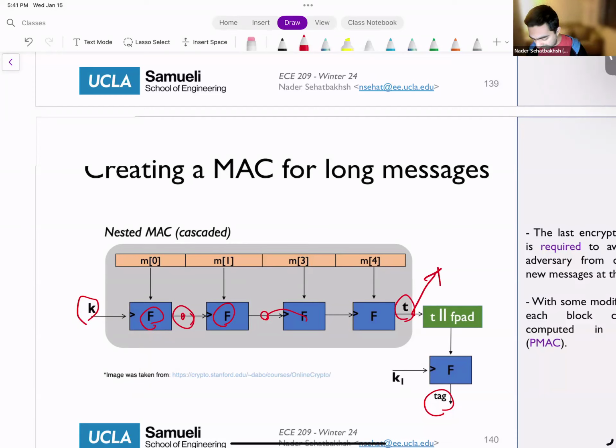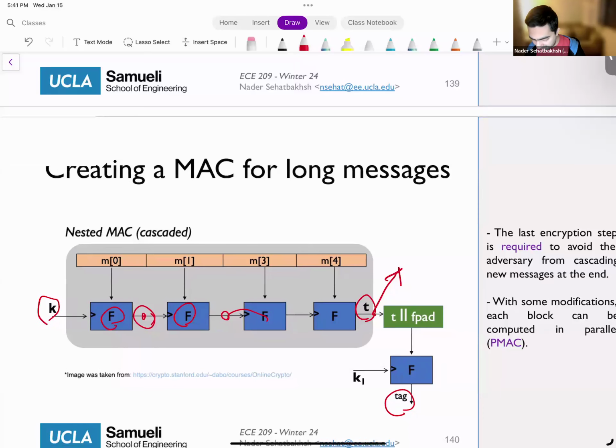The big problem with sending this directly as a tag is what we call extension attacks. The idea of an extension attack is that if I have two messages, and I directly use this, essentially the tag of this would be the input of the tag of this. So I can generate a new message that is a concatenation of these together and use this as their tags without breaking any crypto system.